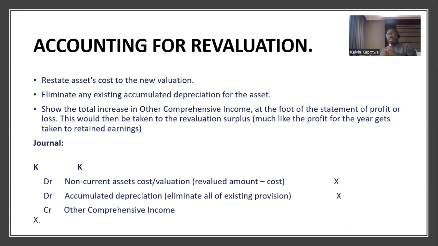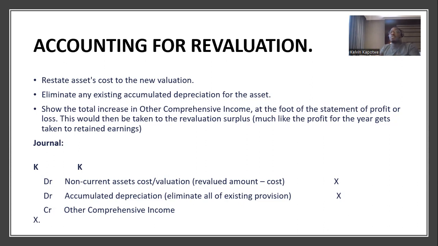Okay? And then the other thing that you're going to do is eliminate any existing accumulated depreciation for that particular asset, okay?